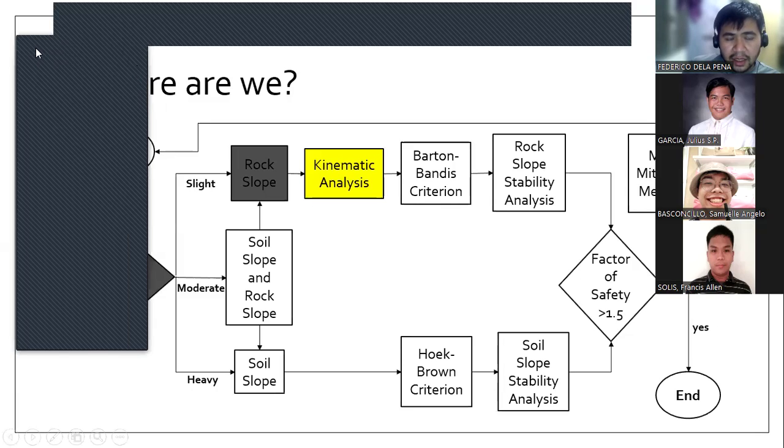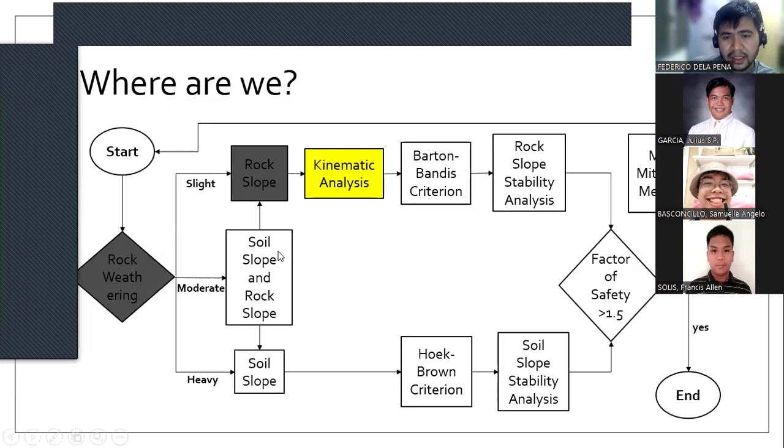All right, so this is just a chart. It's intended to show where we are in the big picture of doing rock slope stability analysis. I think it would be neat to emphasize this is where we are. We're doing kinematic analysis. If you go forward, you will eventually have to do some rock slope stability analysis or modeling.